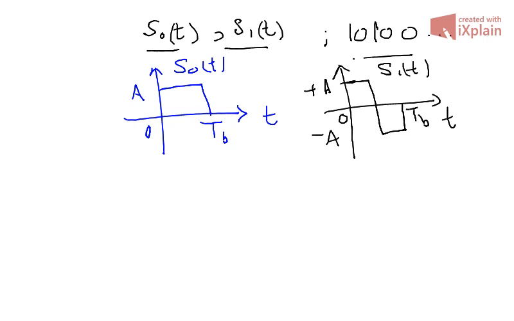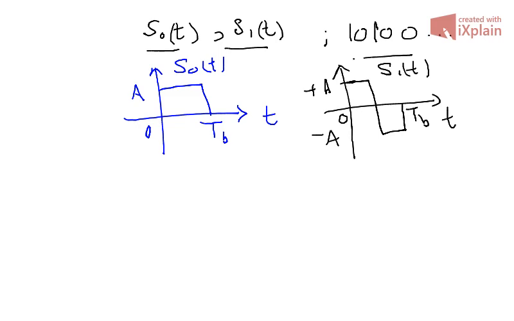If you closely observe these waveforms, these are orthogonal. The waveforms which we have selected are orthogonal. Orthogonal signals are used for transmission because of their correlation. If you observe the correlation of S0 and S1, it is 0.